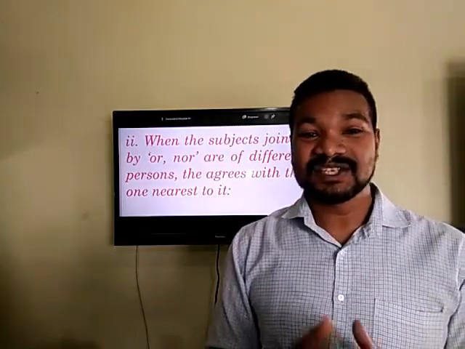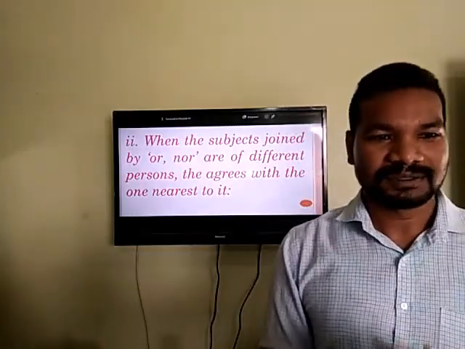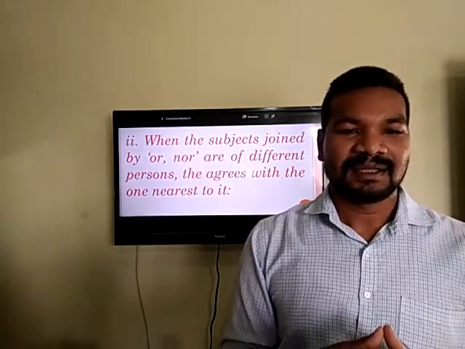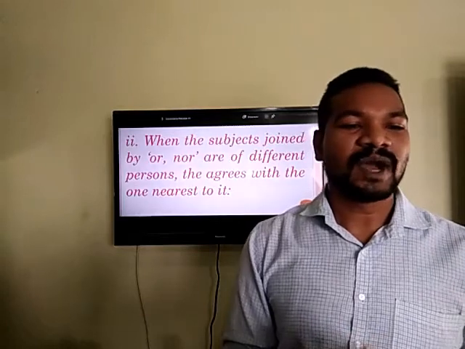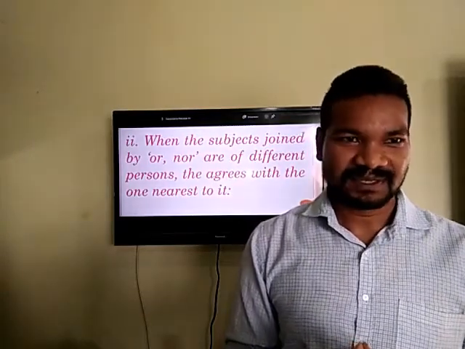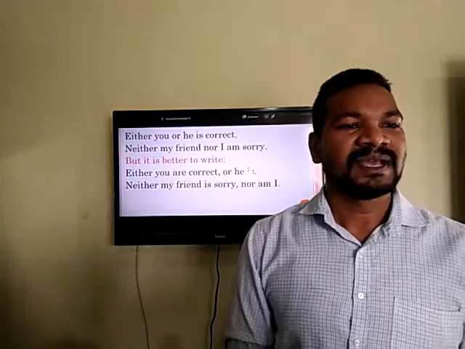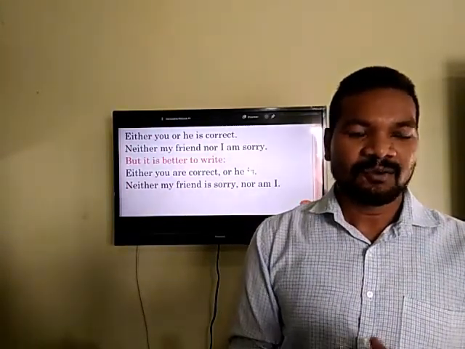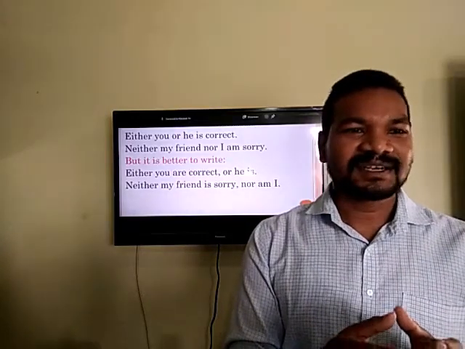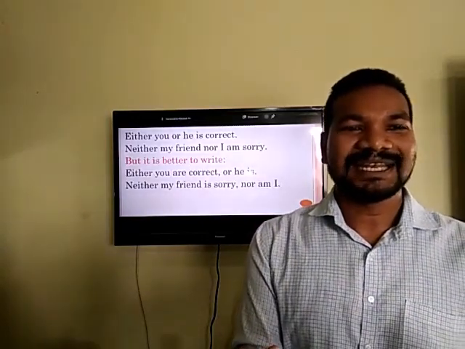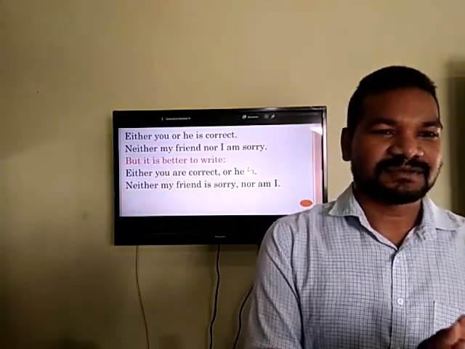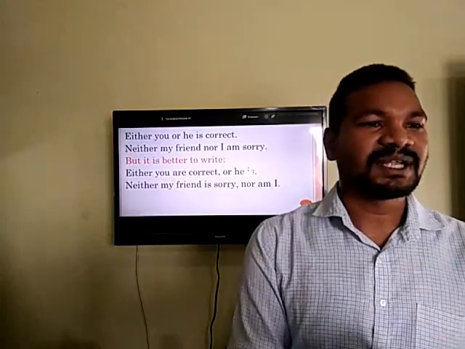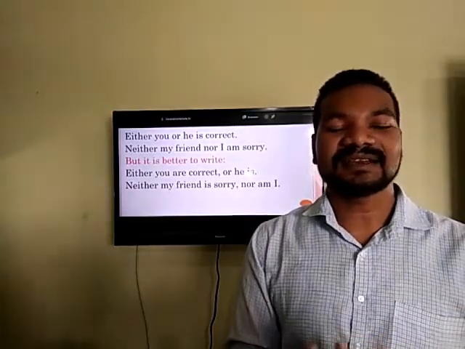When the subjects joined by "or" or "nor" are of different persons, the verb agrees with the one nearest to it. So let's see the example. Either you or he is correct. Here, if it is referring to two different persons, then the one near the verb is what the verb agrees with.